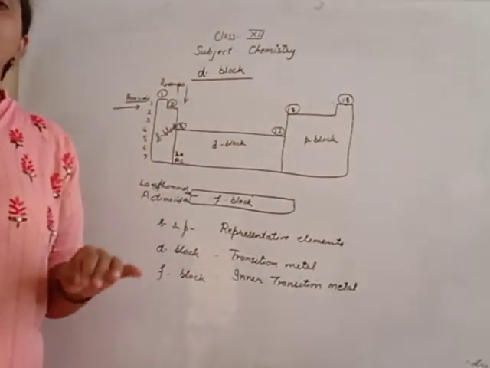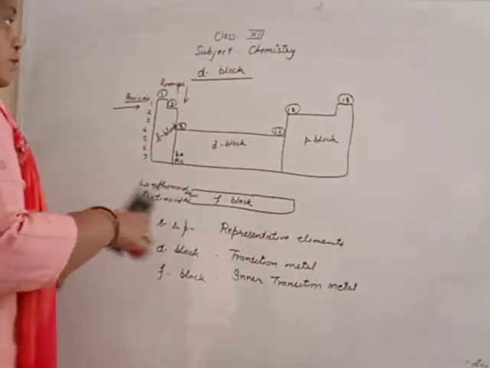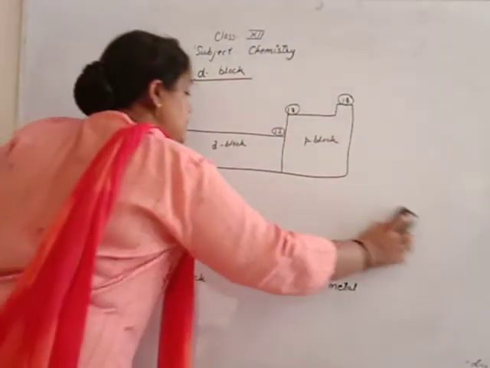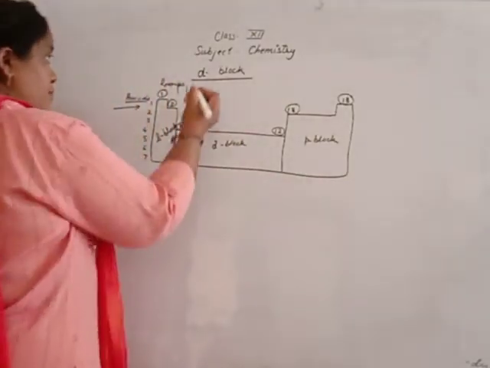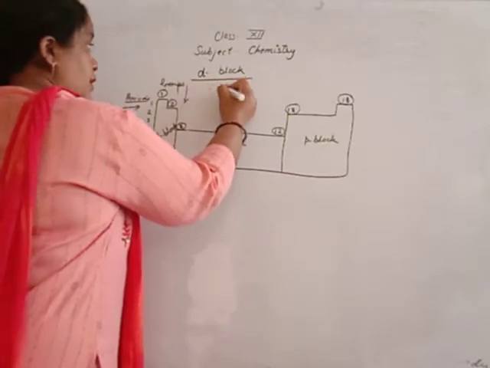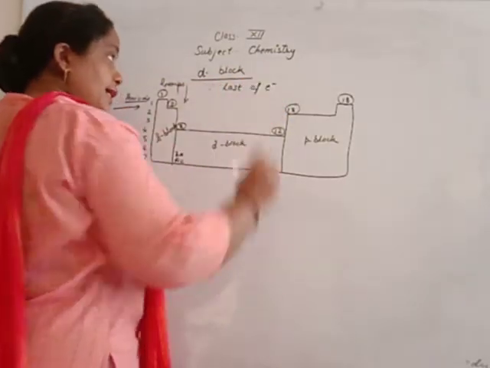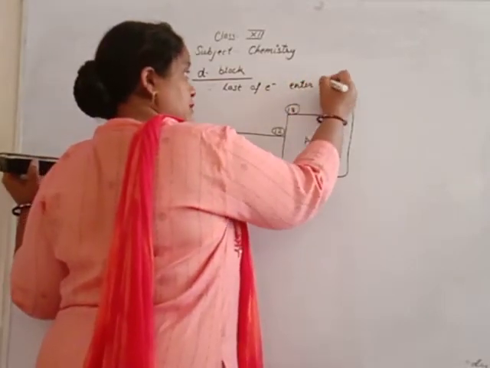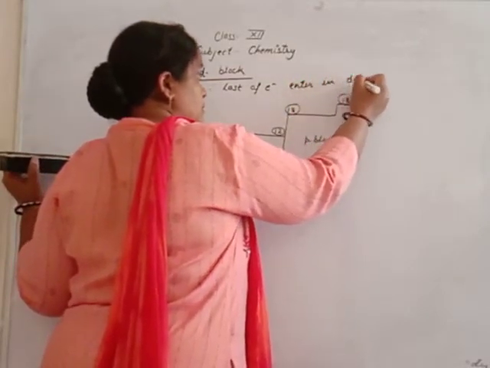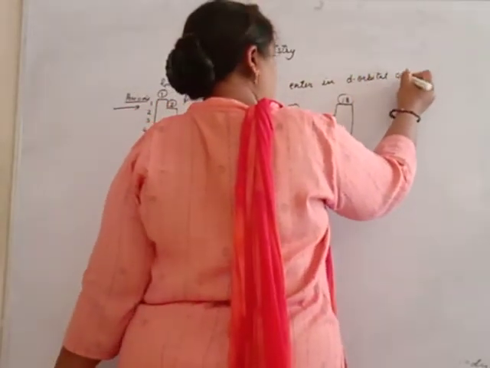First of all, our question: why are some elements included in the d block? Clear cut answer: because the last electron of that element enters the d orbital of the penultimate shell.